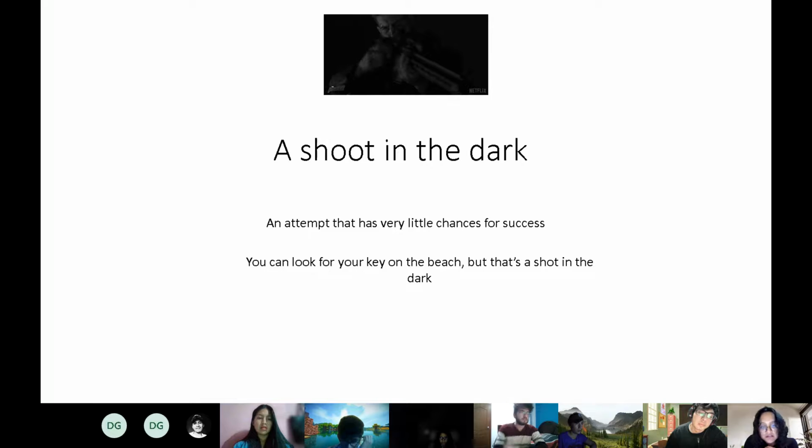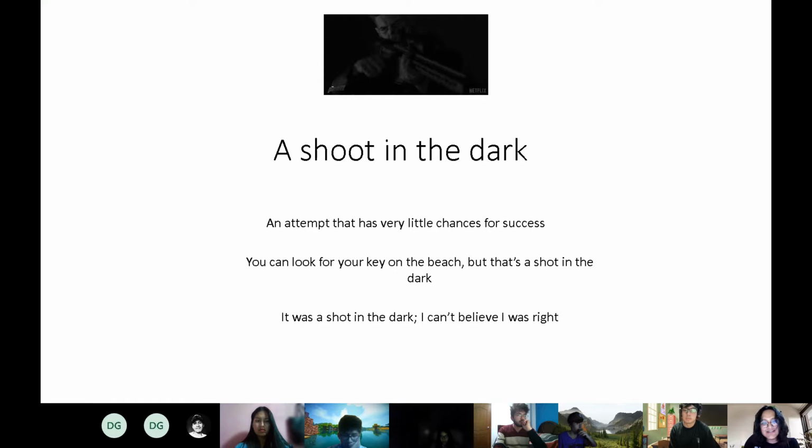Okay, so here we have some examples. You can look for your key on the beach, but that's a shot in the dark, right? Maybe the keys are in the ocean right about now. You know, who knows? And the next one, it was a shot in the dark. I can't believe I was right. You know, for example, you are doing an exam, right?